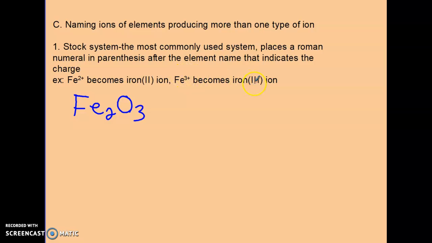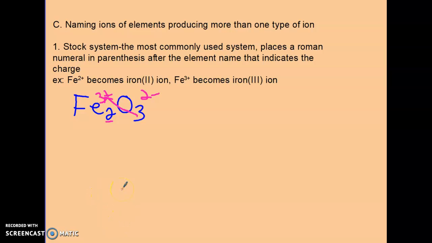Iron 3 ion becomes iron with a 3+. When I look at something like this, I need to work backwards and say, how do I know if this is iron 2 or iron 3? At first you might say, oh, there's a 2, so I think it's iron 3. But remember, we use the crossover method, so this has to be iron with a 3+, and oxygen has a 2- if you look on your ion sheet. So this is iron 3.